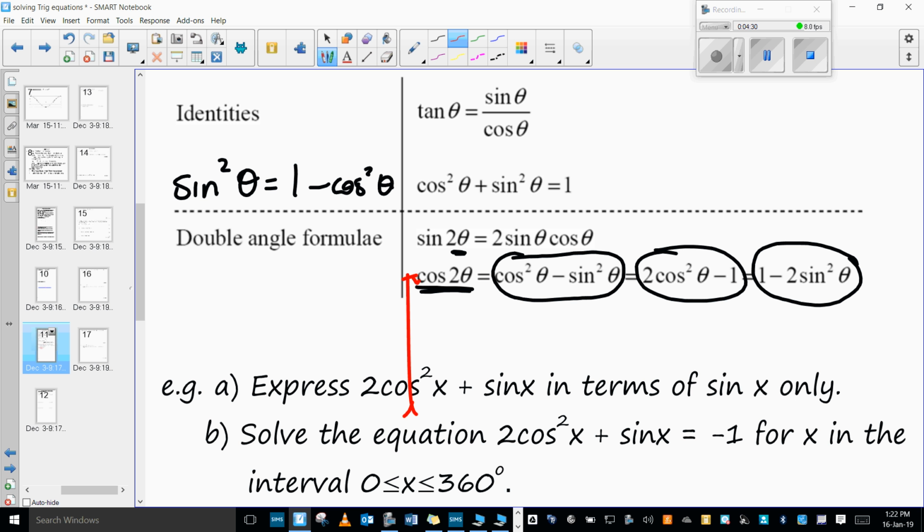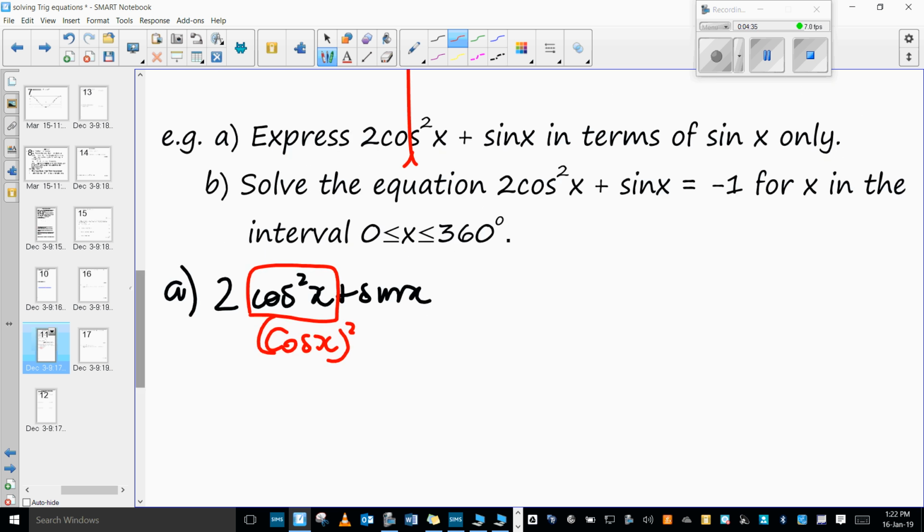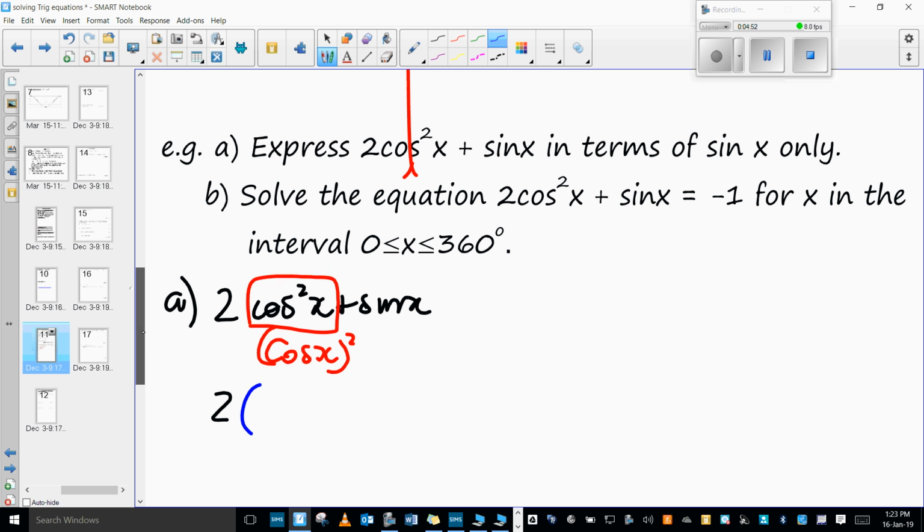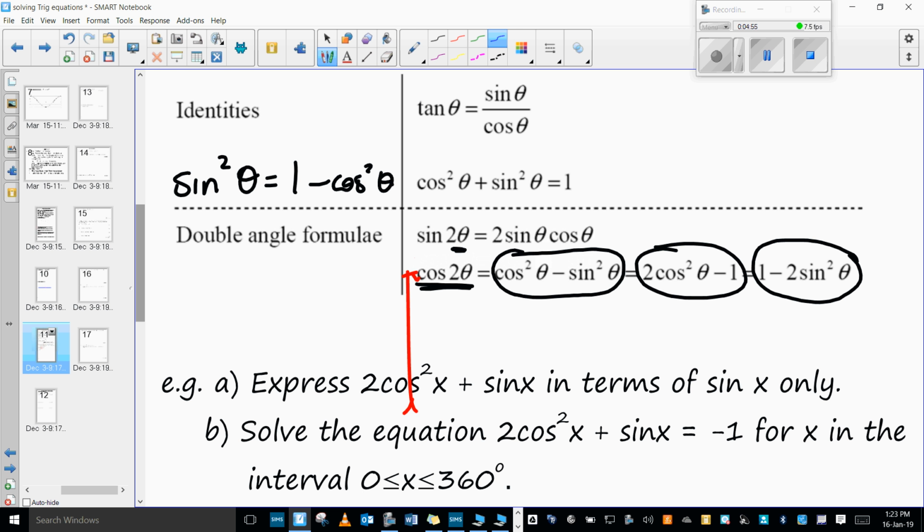So we're going to use this up here. So instead of writing cos squared x, I'm going to write 2 bracket, and perhaps I should use better colours. So the 2 is still in black. Instead of cos squared x, what am I going to write? Remember up here, instead of cos squared x, I need to rearrange this: 1 minus sine squared theta.